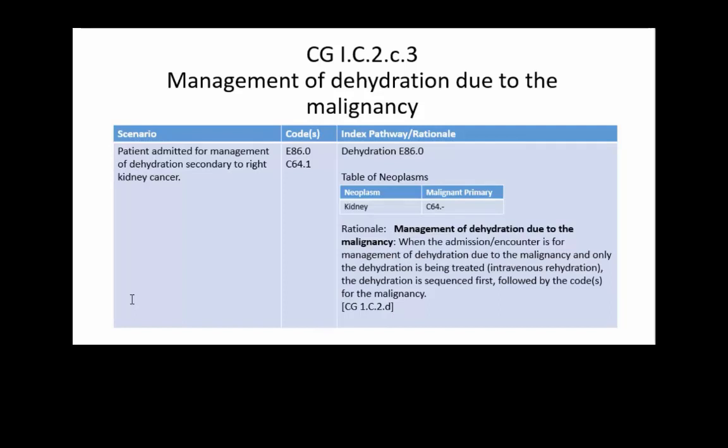But we have to always code to the guidelines, which means unless you're going to follow a guideline, you might incorrectly put the cancer code first. And this guideline is saying no, if a patient's being admitted just for the dehydration, even though it's due to the cancer, you're going to code the dehydration first. Your sequencing directions are given in that guideline.